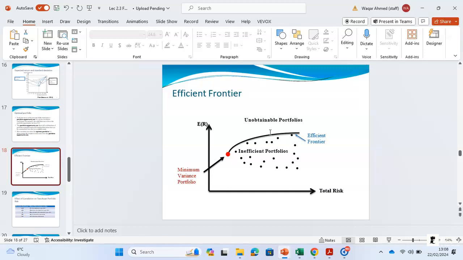Because if you select any point on this efficient frontier, that would represent a portfolio that gives you the highest return for a given level of risk. Okay, for a given level of risk, because as we move along this line, the risk also changes, right? But at a particular risk level, this is the maximum return that you can achieve. Okay, so your objective would be to create a portfolio which is as close to the efficient frontier as possible.